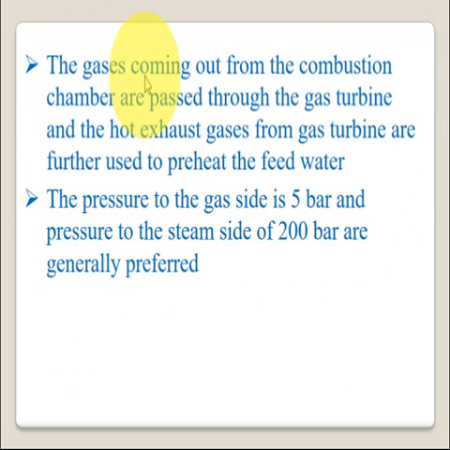The gases coming out of the combustion chamber are passed through the gas turbine, and the hot exhaust gases from the gas turbine are further used to preheat the feed water in the economizer. The typical gas pressure is 5 bar, and steam side pressures of 200 bar are generally prepared.